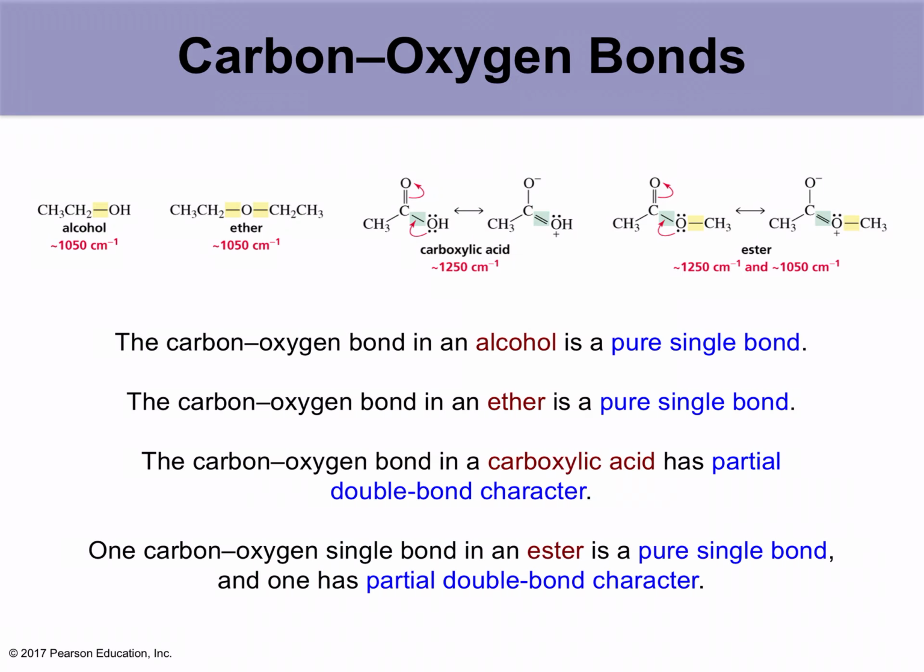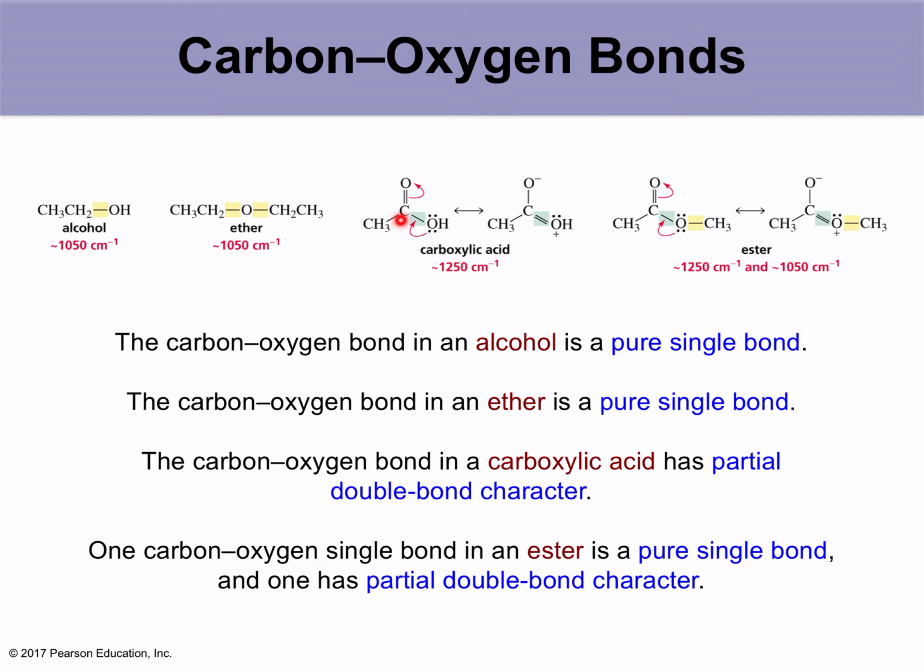Okay, and then we have different types of carbon oxygen bonds. Now this is the alcohol carbon oxygen bond, which stretches around 1050, and the ether again carbon oxygen 1050. And then you have the carboxylic acid carbon oxygen, this bond right there. Earlier we were talking about this bond, the carbonyl group.